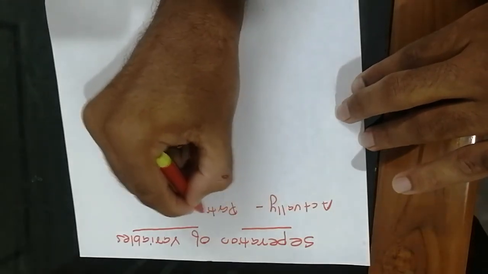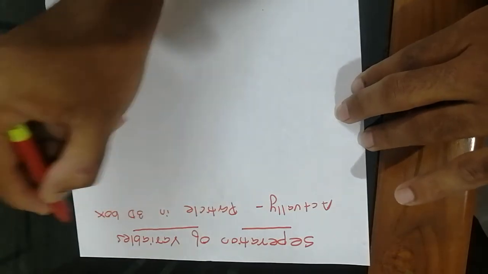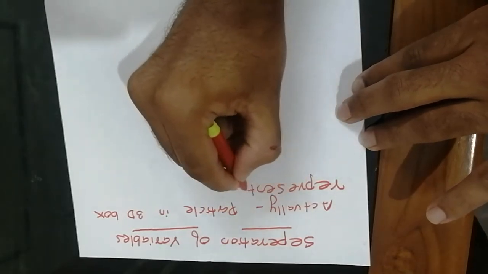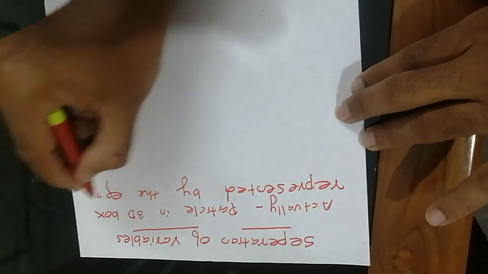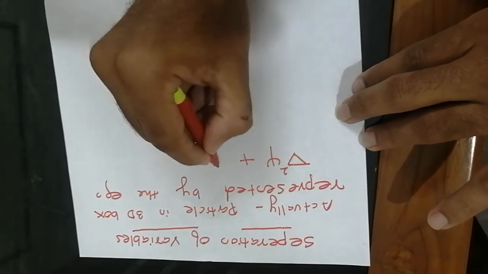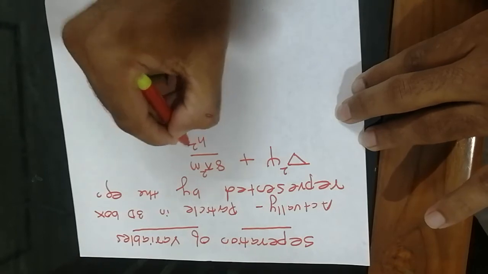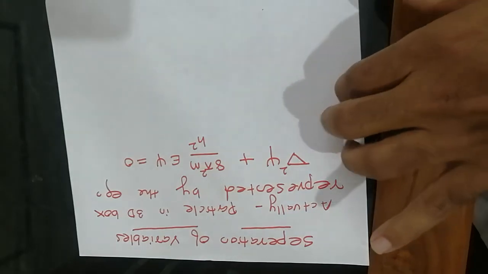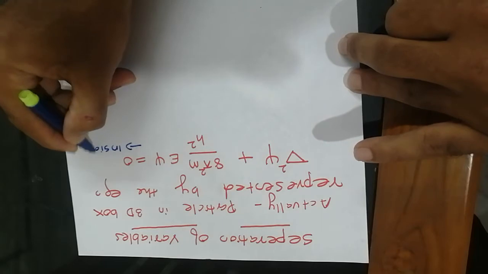Particle in three-dimensional box is represented by the equation del square psi plus 8 pi square m by h square E psi is equal to 0. Students, this is the equation for inside the box.